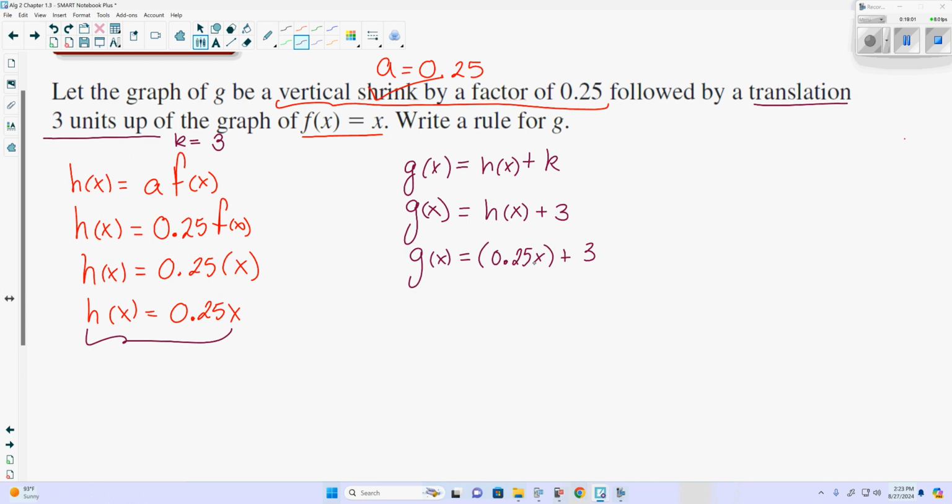Is there anything in front of our parentheses with our 0.25x? No. So we can just drop them. And that's it. Questions on this here?